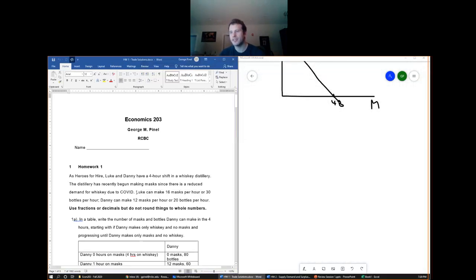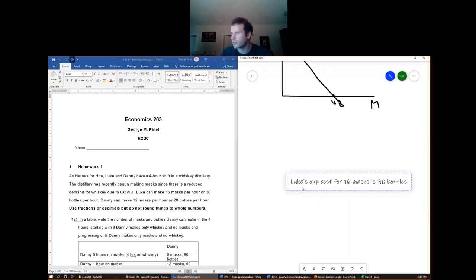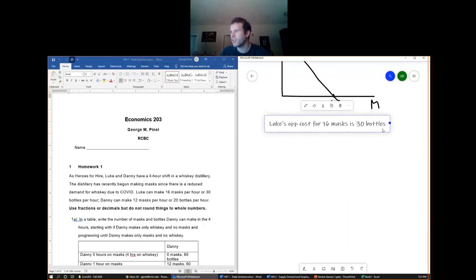So if Luke makes 16 masks, that means he's losing 30 bottles, right? So Luke's opportunity cost for 16 masks is 30 bottles. Remember, opportunity cost is always going to be cited in terms of the other good. So Luke's opportunity cost for one mask is just going to be 30 divided by 16 bottles.